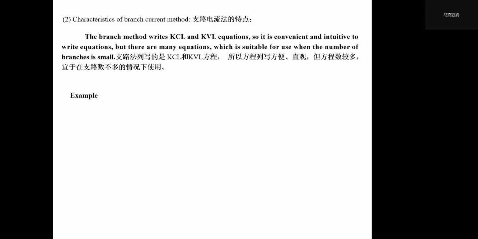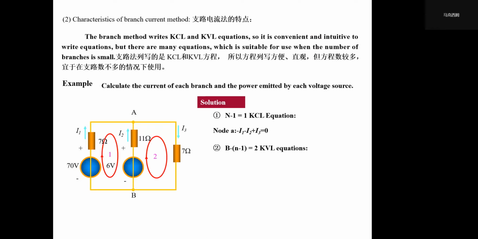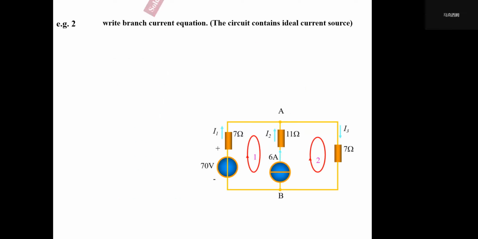And we also know that the branch current method is very direct and convenient, but it's not very efficient. It's not simple enough. So from there, we have learned about these examples.